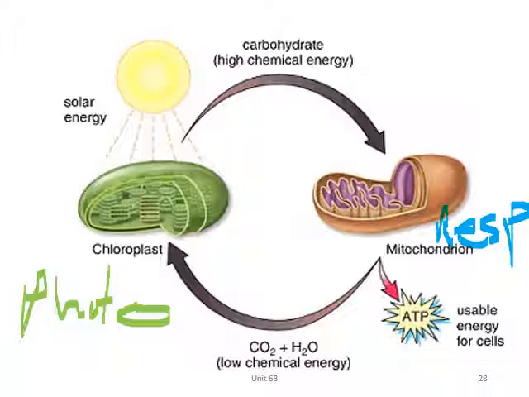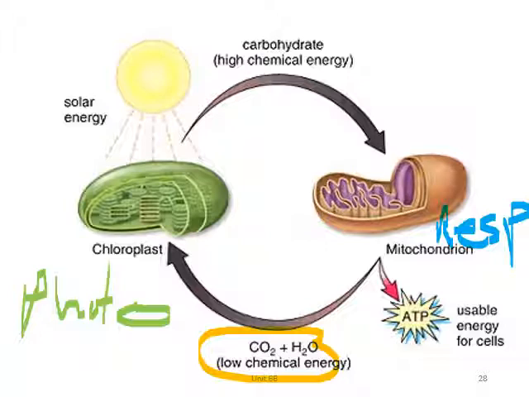In the process, carbon dioxide and water are produced by the mitochondrial respiration. And then this carbon dioxide and water are used by the chloroplasts to continue photosynthesis.